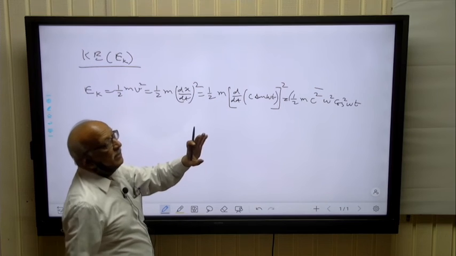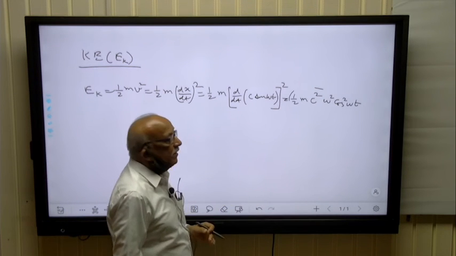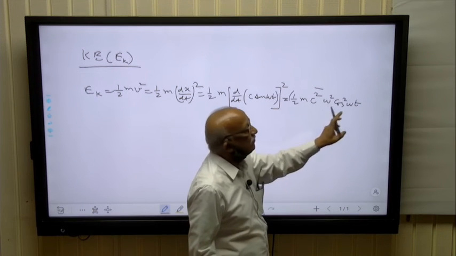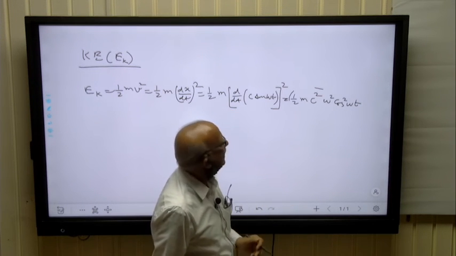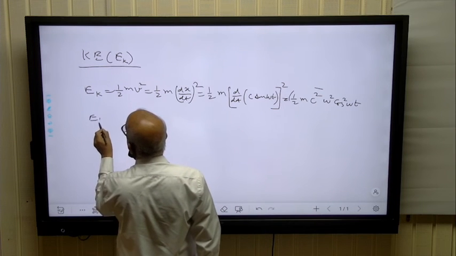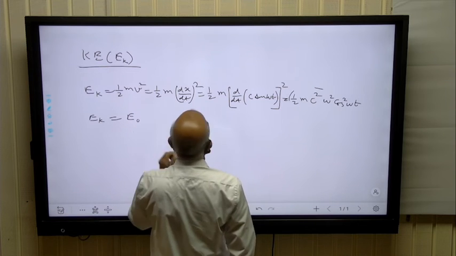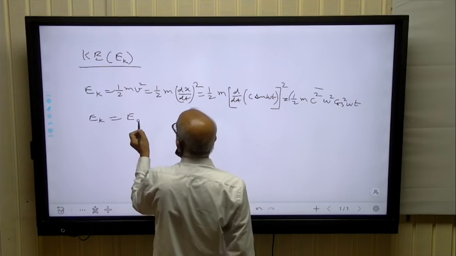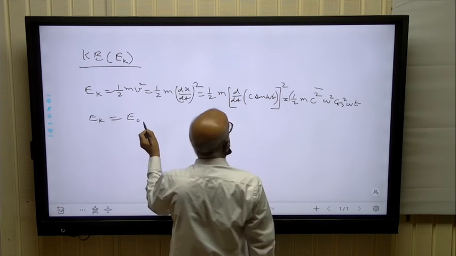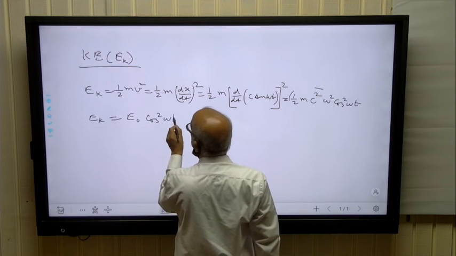Any physical quantity which changes with time, we say that it is the instantaneous value of kinetic energy. So, we can write E k is equal to E 0 cos square omega t, because I am calling this factor E 0.